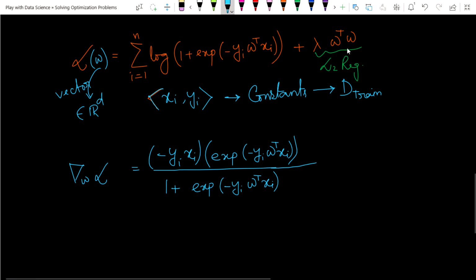If we differentiate it, think of this portion as lambda w square.